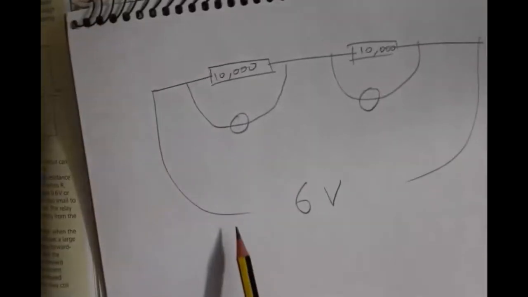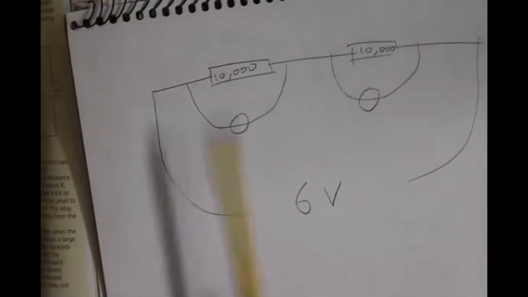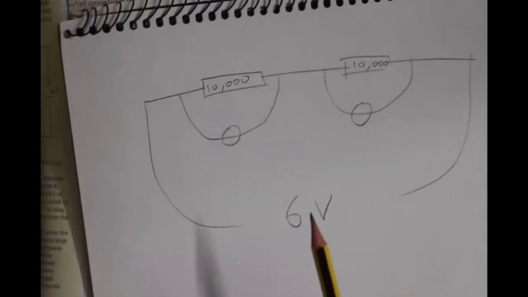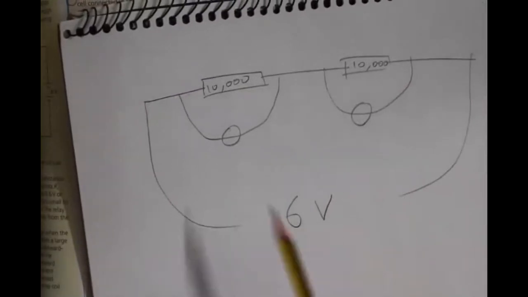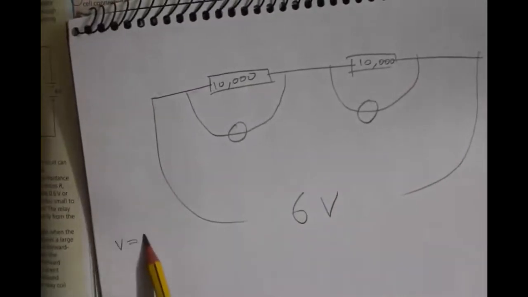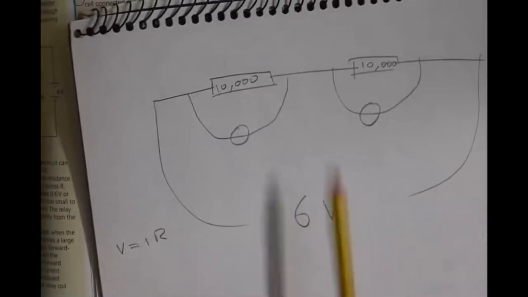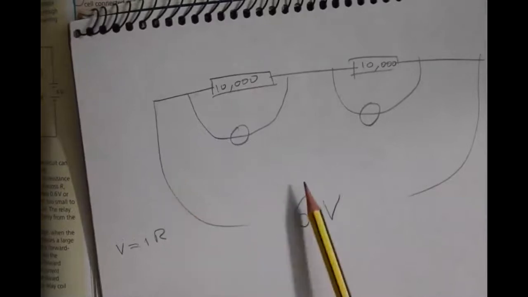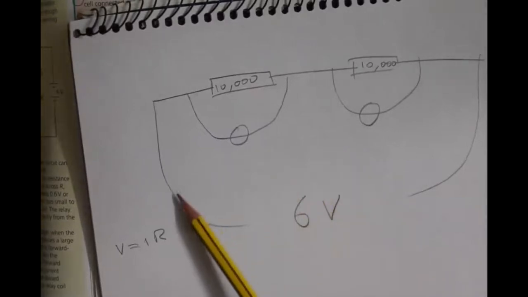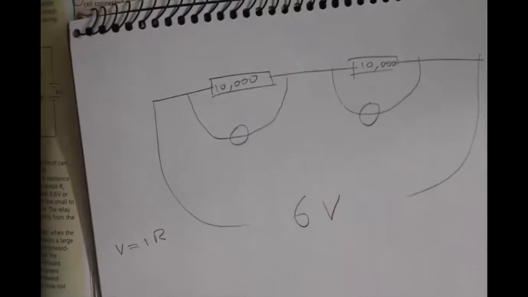So we're gonna use that and find the total current flowing through the circuit first, because we know that even though the voltage does get divided, the current remains the same.